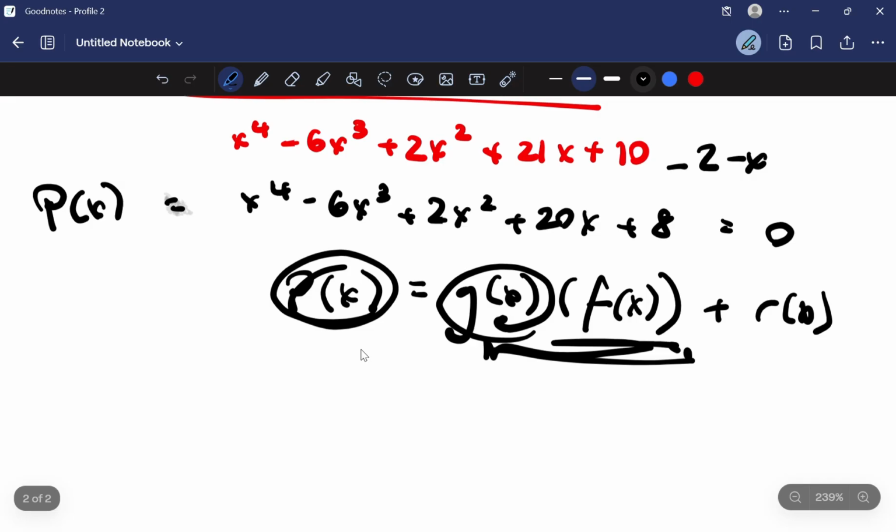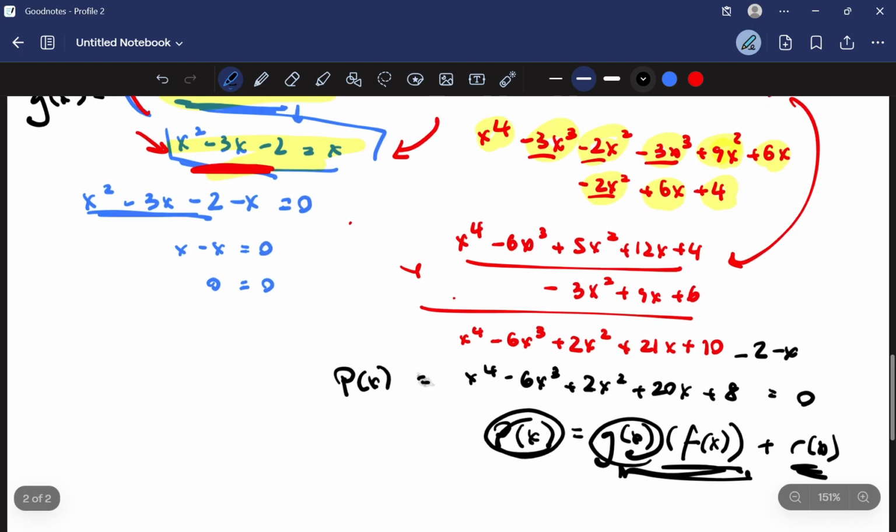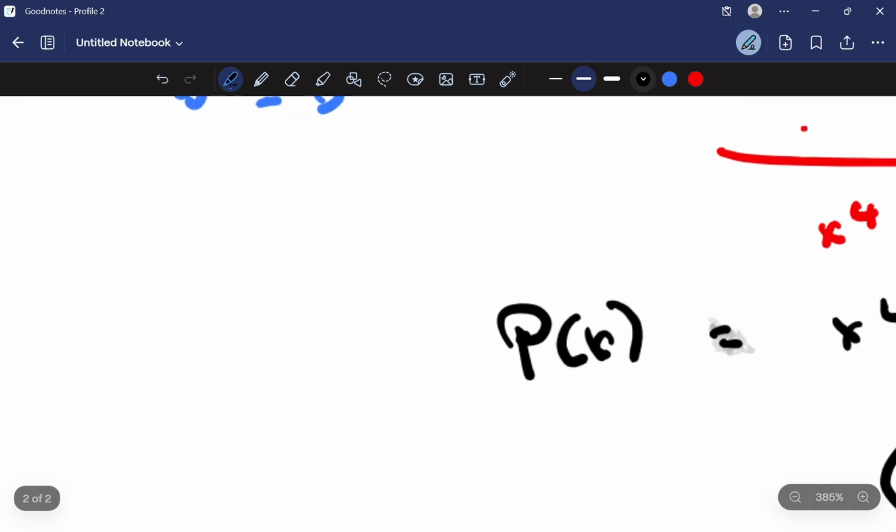But we don't really care what this is. I honestly don't understand why we can't just divide it. Scratch the book, I guess. I'm just going to divide it.